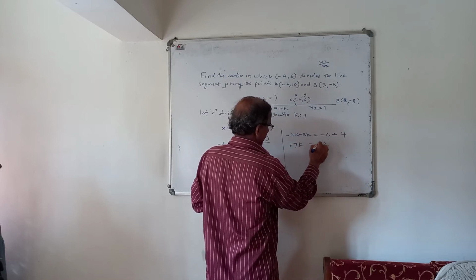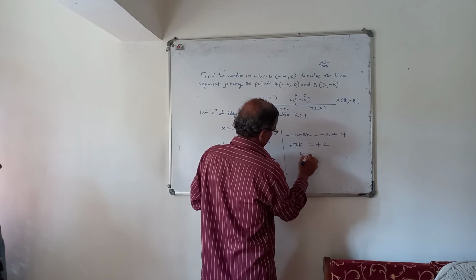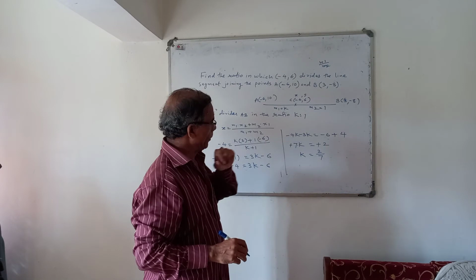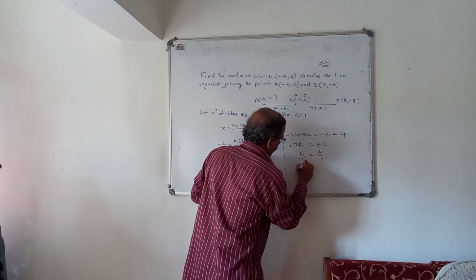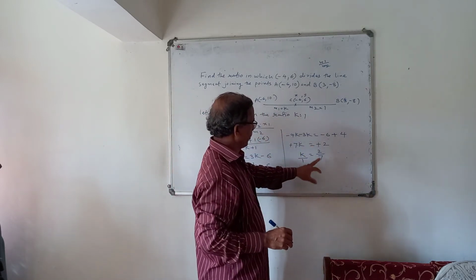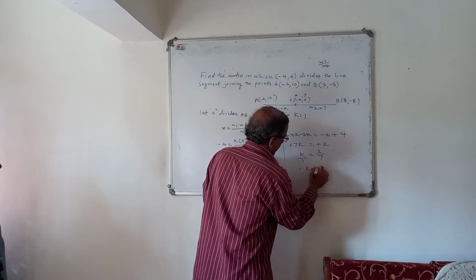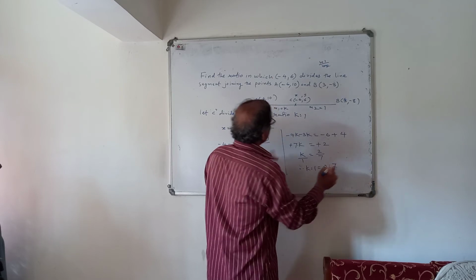Minus minus will cancel. Now you can find k is equal to 2 upon 7. K is equal to 2 by 7 means k by 1, so k is to 1 is equal to 2 is to 7.